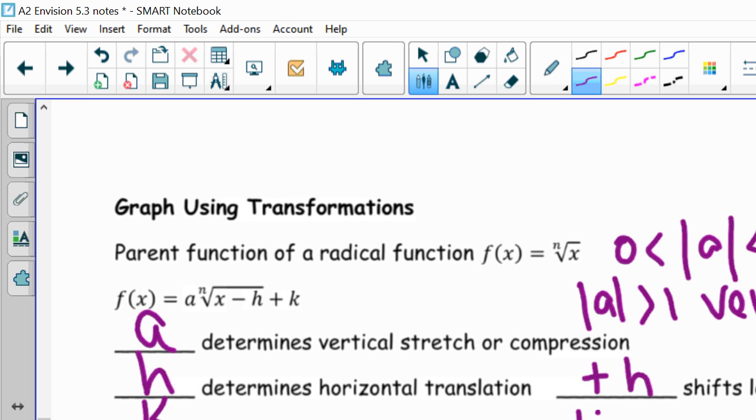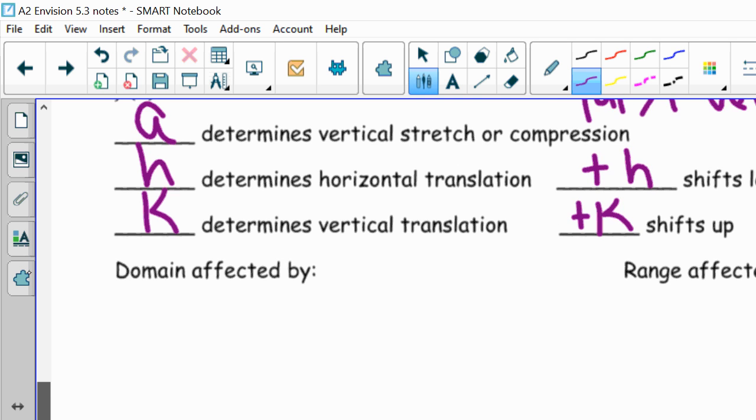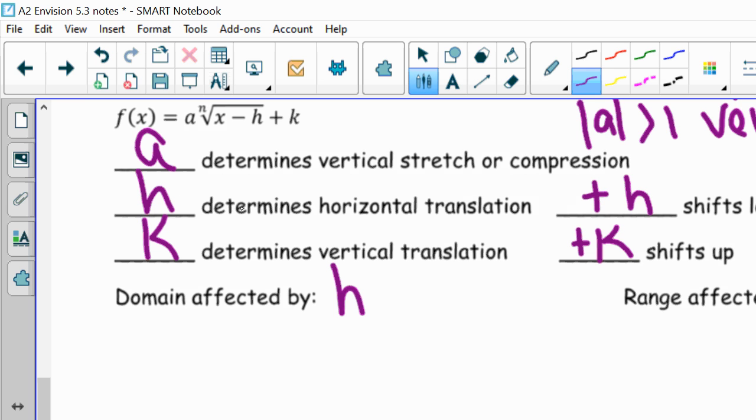Plus k goes up, minus k goes down. Now, the domain will be affected by the h, right? So domain is affected by h. Along with that, you also have to remember a negative a would give us a reflection. The range is affected by k.